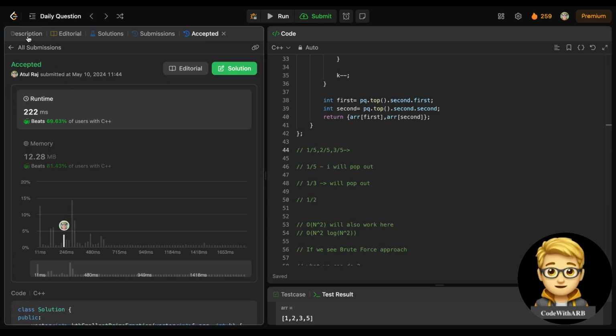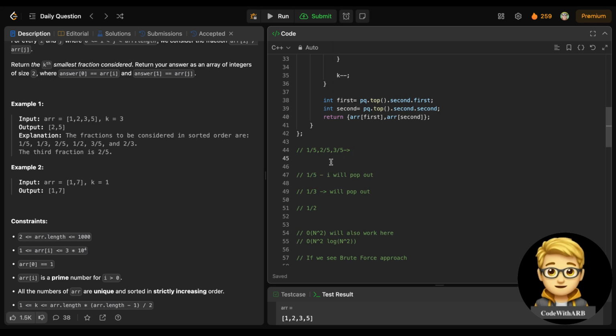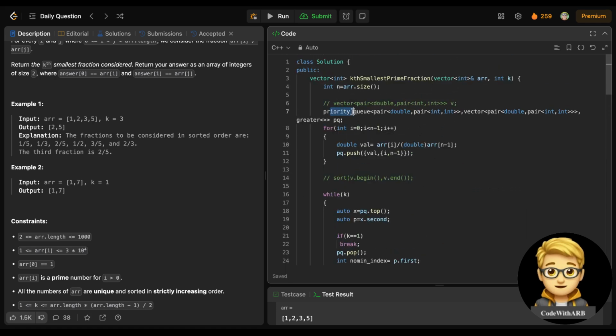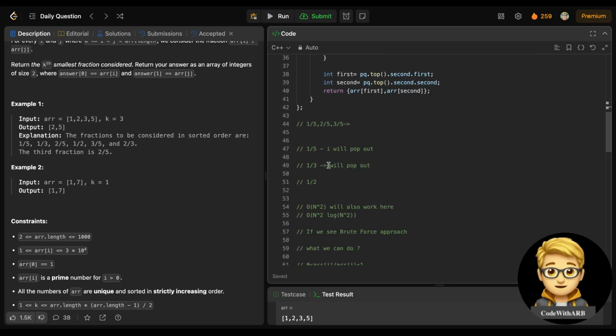Yeah, we have passed the test case. It is a bit confusing if we analyze using fractions, but if you observe carefully, we are just pushing into a min heap and popping it out and inserting it again by decrementing the denominator. This is how we will solve this, right?